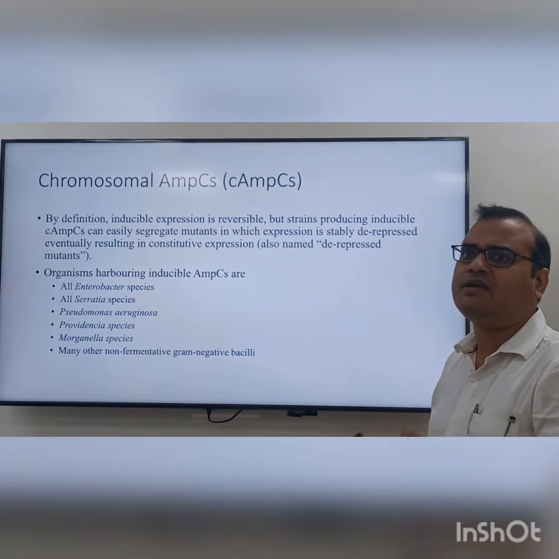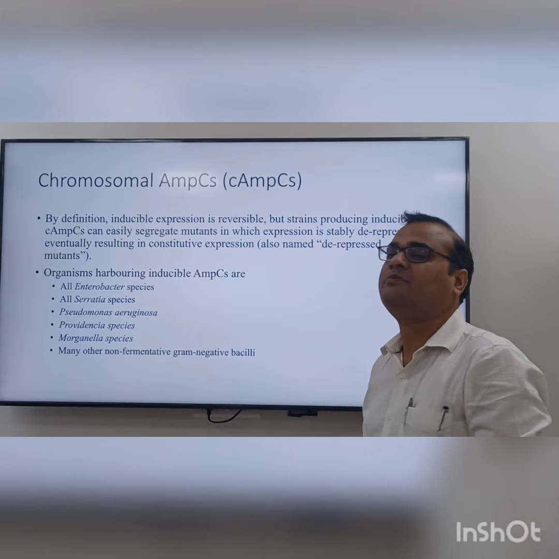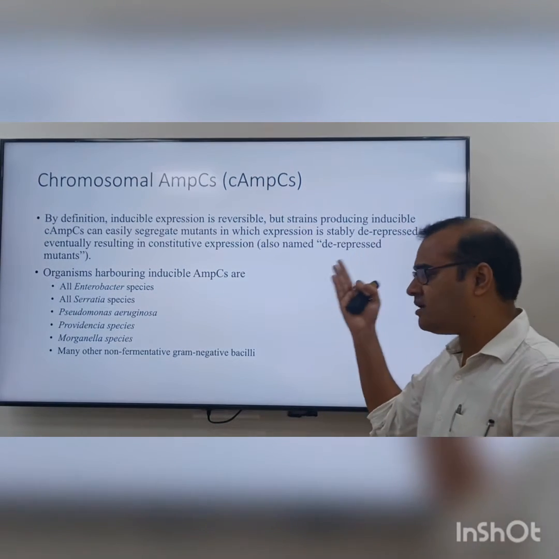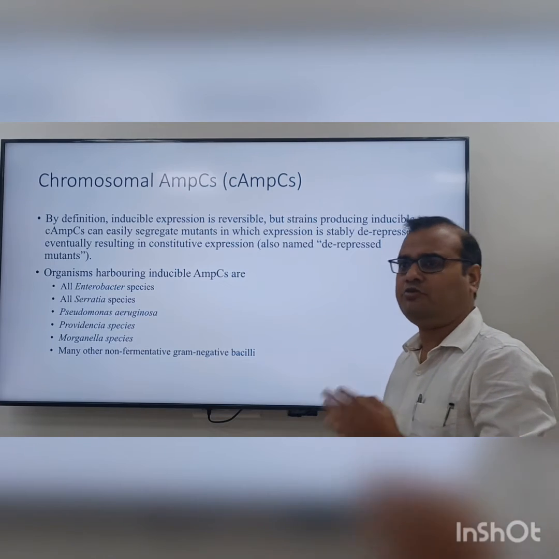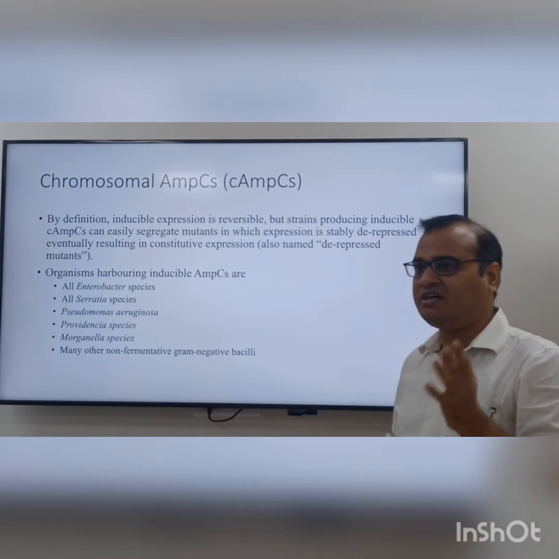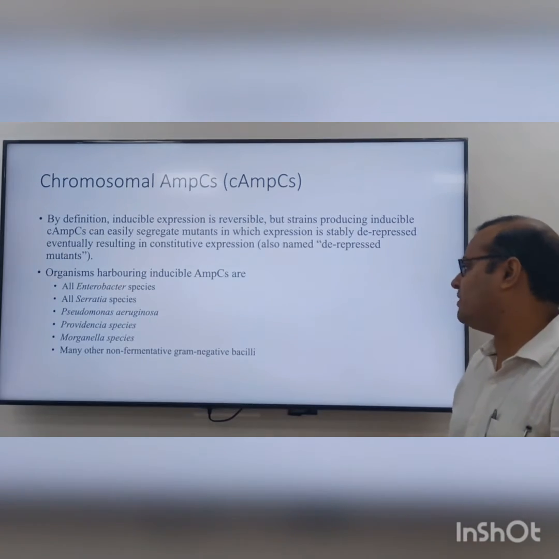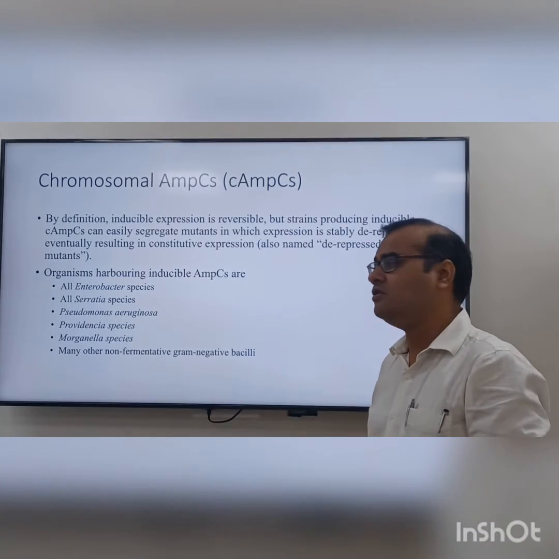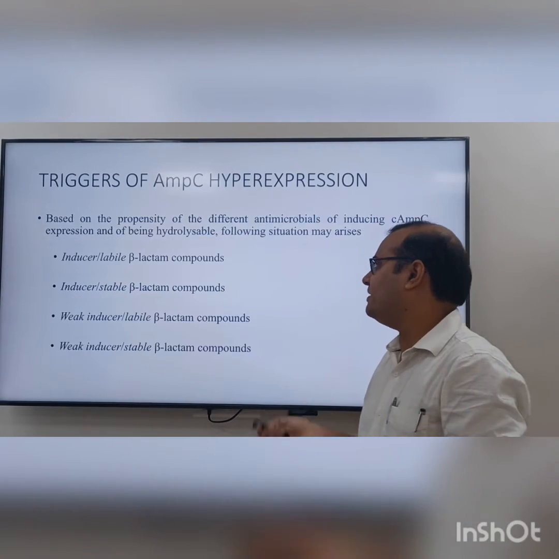The usual AmpC-inducing organisms harboring this inducible AmpC are all Enterobacter species, all Serratia species, Pseudomonas aeruginosa, Providencia, Morganella, and there are many other non-fermenting gram-negative bacilli that also harbor this inducible AmpC gene.